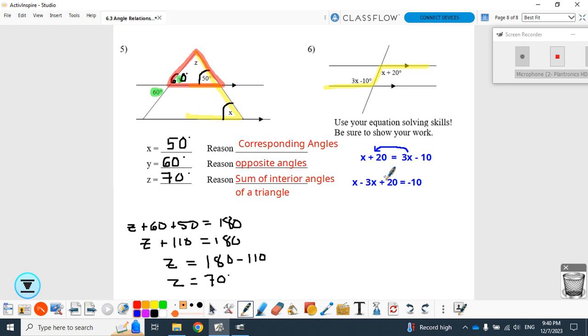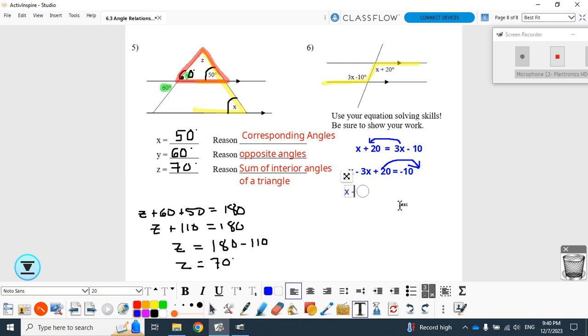Then I'm going to take this plus 20 and bring it over. So on the left side we have x minus 3x equals negative 10 minus 20. So 1x minus 3x is negative 2x, and that equals negative 10 minus 20, which is negative 30.